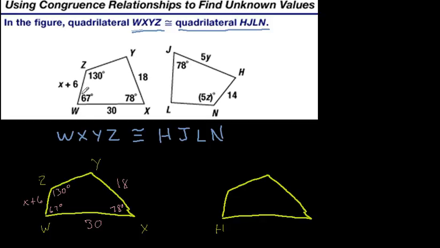Z corresponds to N, so this one's got to be N right here. X corresponds to J, so I'm going to put a J down here. And Y corresponds to L.